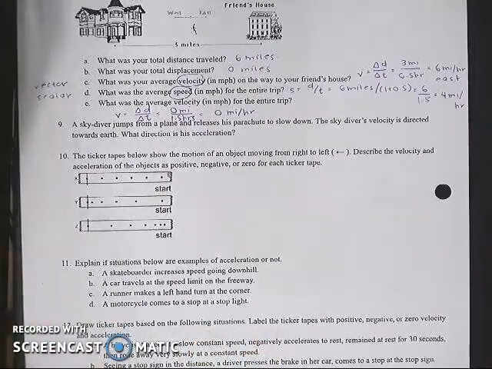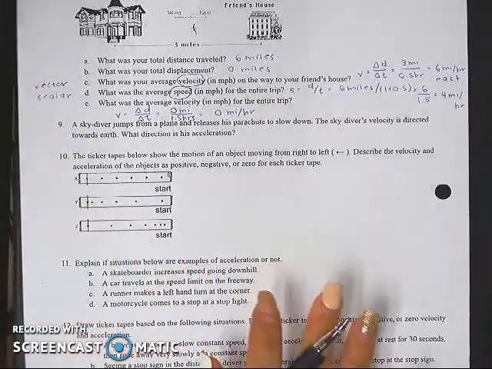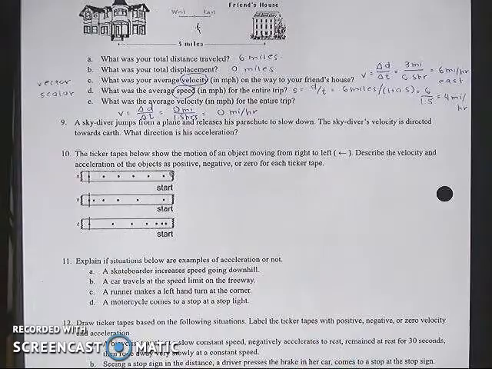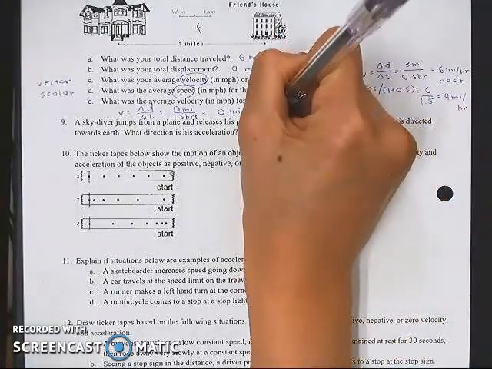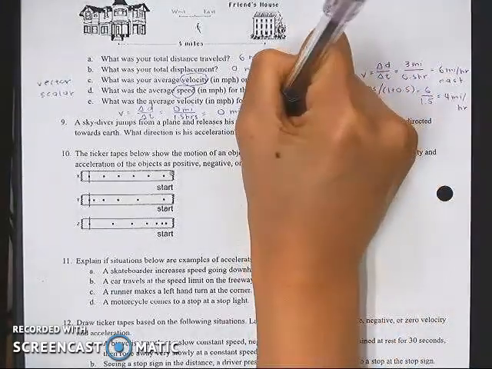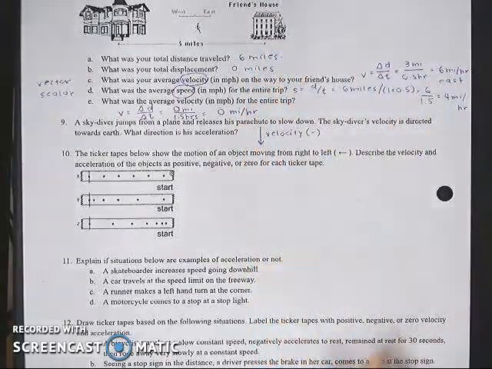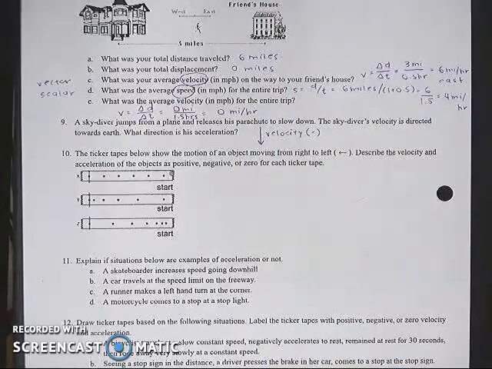Number 9, a skydiver is jumping from a plane and he is releasing his parachute to slow down. The skydiver's velocity is directed toward the earth. What direction is his acceleration? We know that the skydiver is going downward, so his velocity is negative. Now think about it this way. If his velocity was increasing, then his acceleration must also be negative to make it even faster.